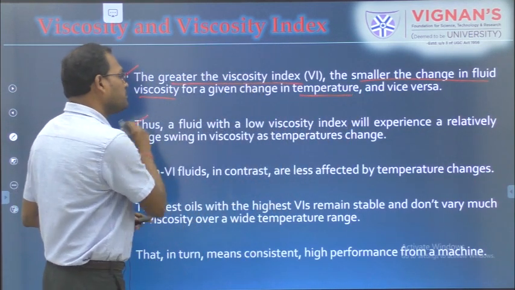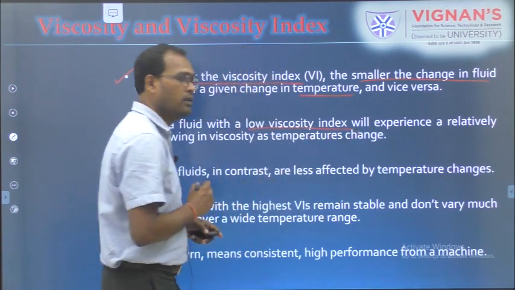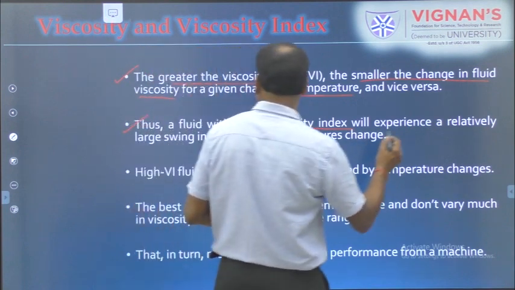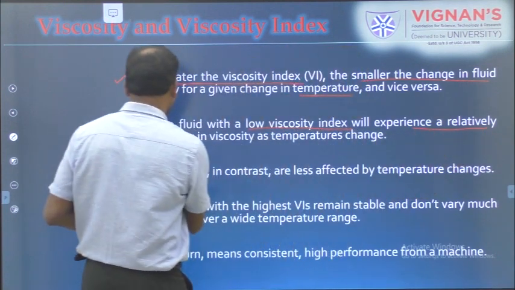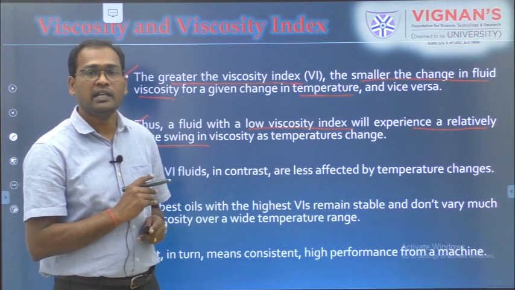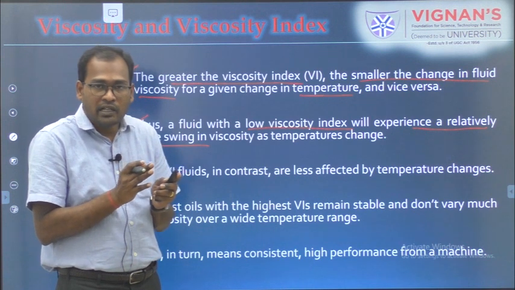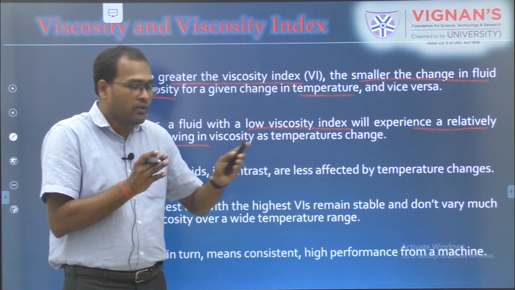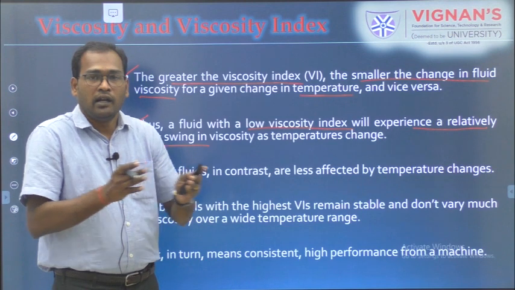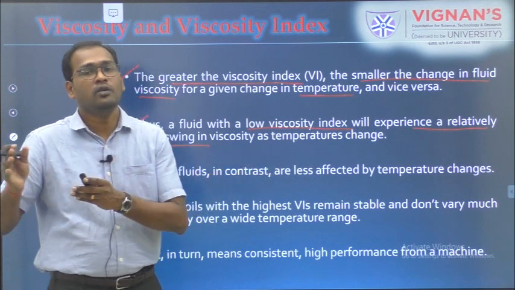Now, thus, a fluid with low viscosity index will experience a relatively large swing in viscosity. If the viscosity index is very small, that means the viscosity of the material will move from the lower end to the other end with a very big difference. So, the viscosity will move from a low end to a higher end.